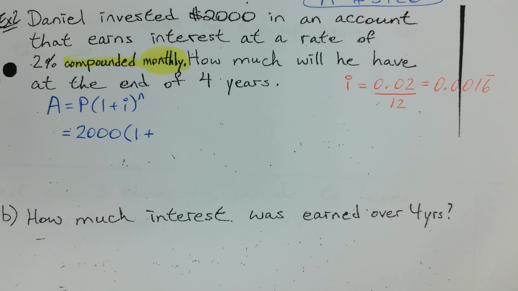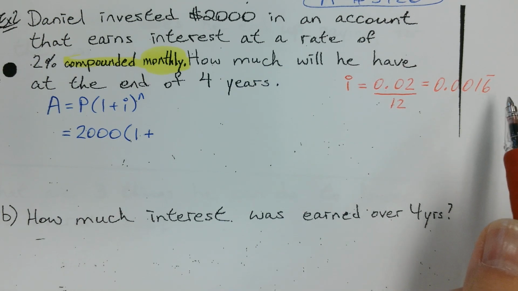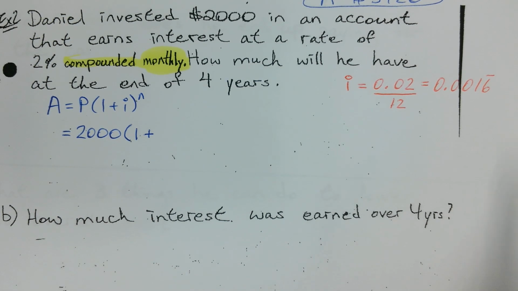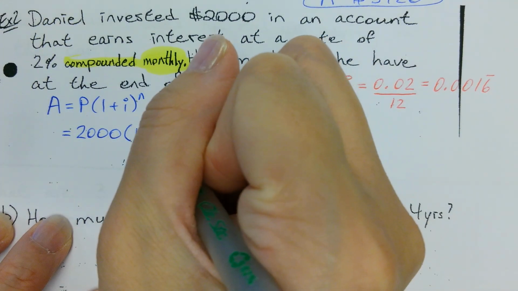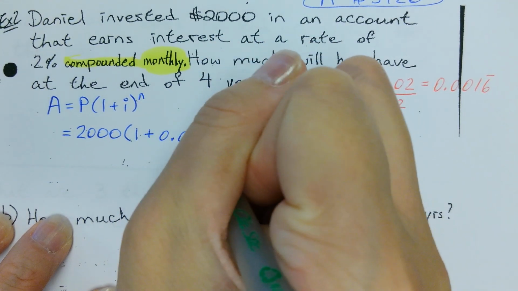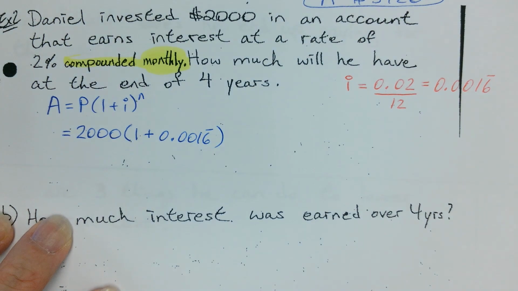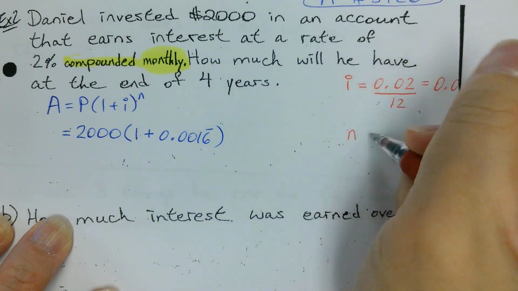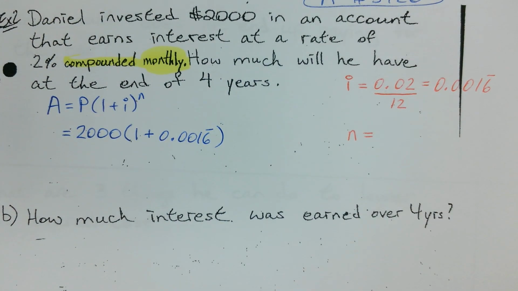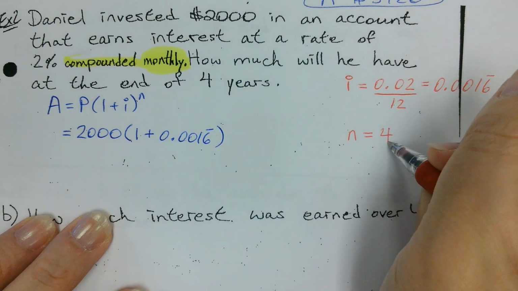0.0016666666. Try to keep as many decimals as you can on the calculator, because otherwise you're going to get rounding error. So plus 0.001666666666, and then n. How long is my investment for? 4 years.